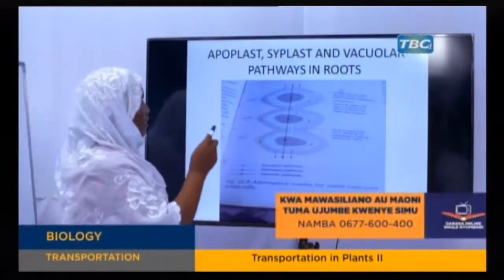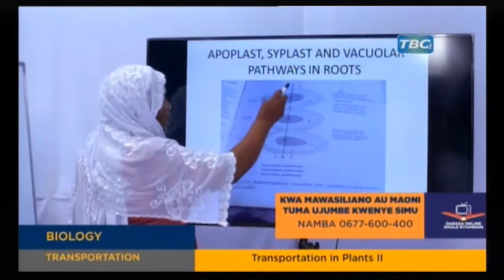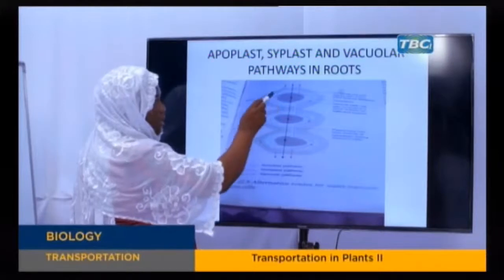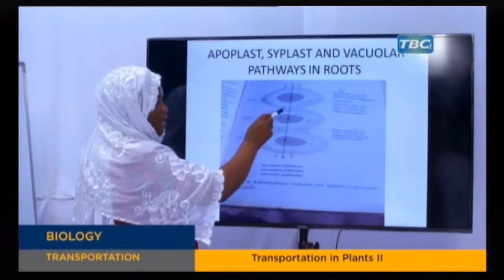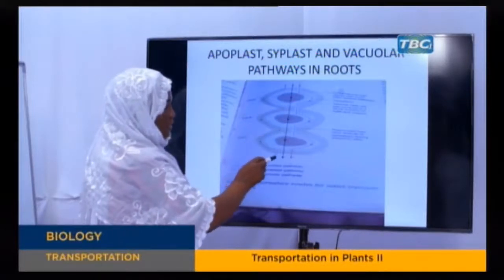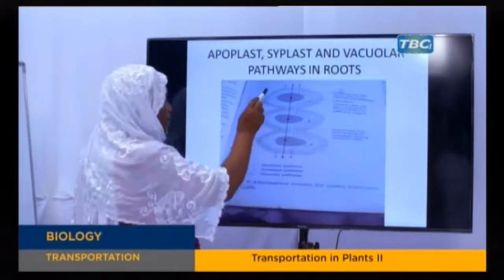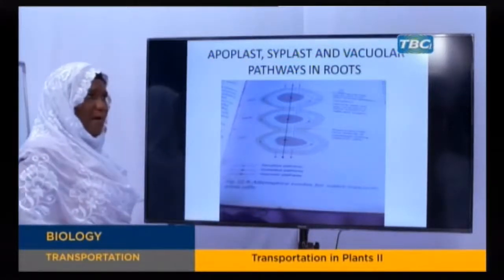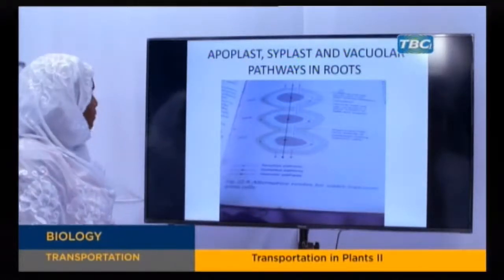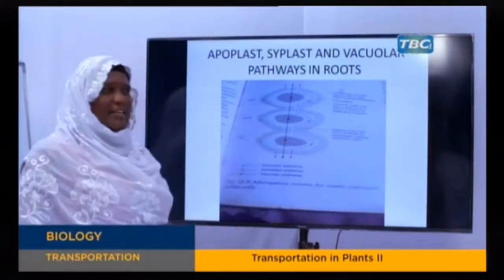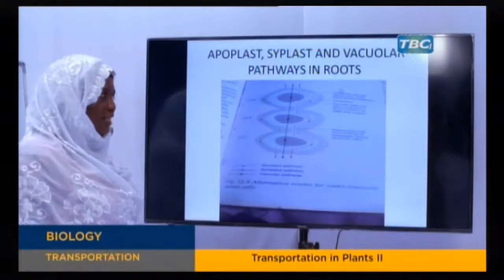And the last one moves here through the cell wall, cell wall A, then to cell wall B, then to cell wall C. This pathway is what is known as the apoplast pathway.